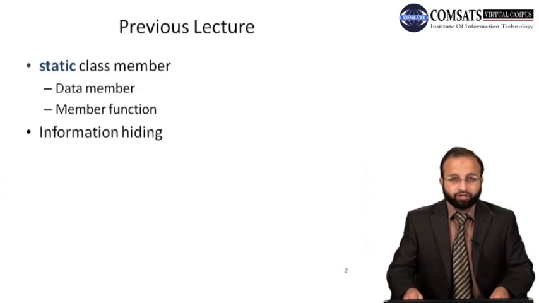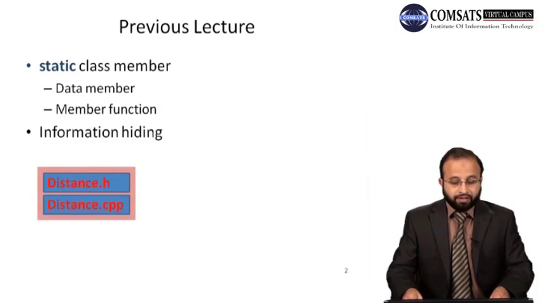Then we have seen the information hiding concept in detail, and we have made a library to show that concept. Let me demonstrate this concept a little bit with the help of a diagram. In this library we have a header file distance.h and a .cpp file distance.cpp. The header file contains the definition of the class and the prototype of the member functions of that distance class, right?